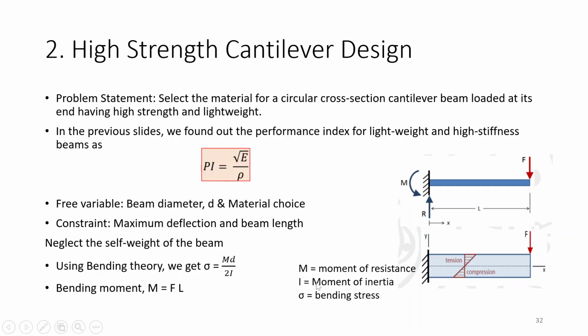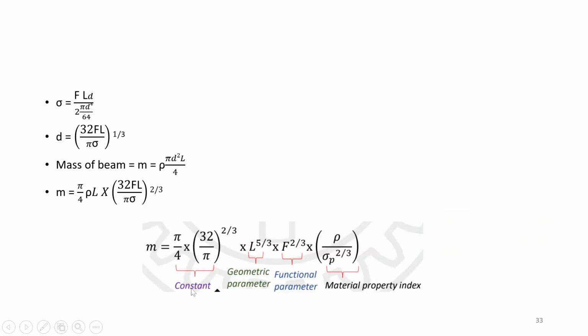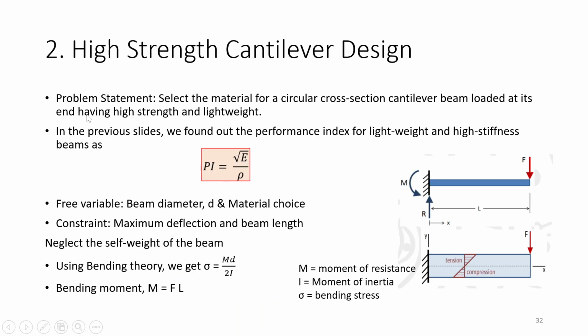M is moment of resistance, I is moment of inertia, sigma is bending stress, and your bending moment is given as F L. So on solving further, this sigma can be written as F L d upon 2 times pi d to the power 4 divided by 64. So this is the moment of inertia that is given.